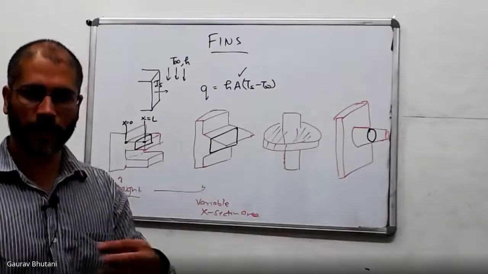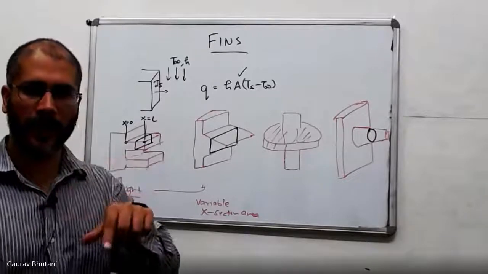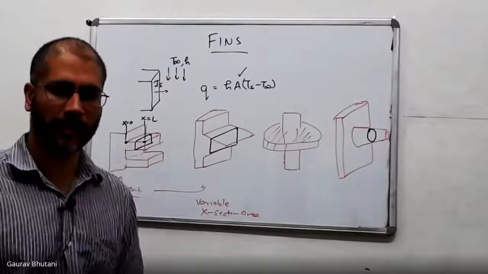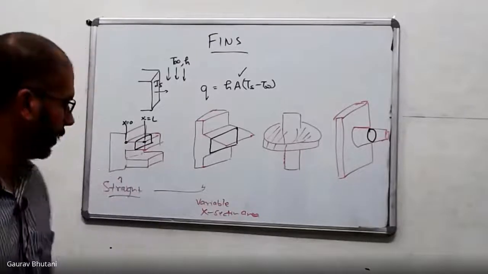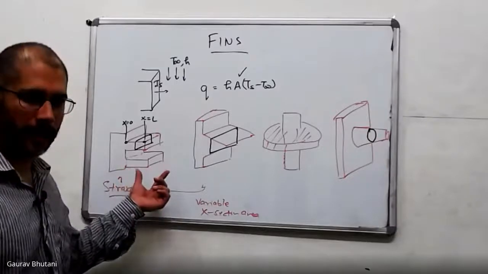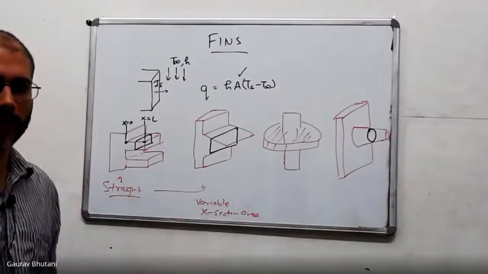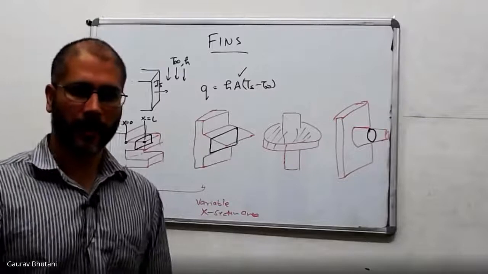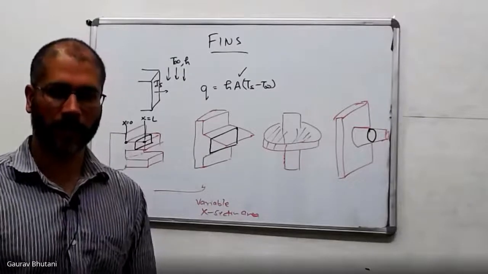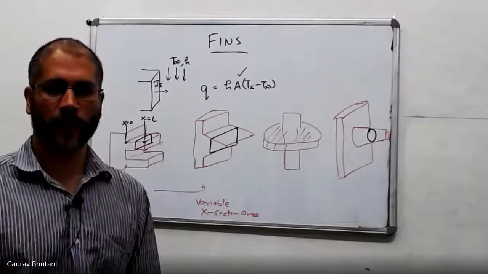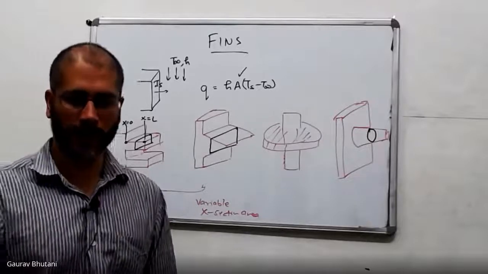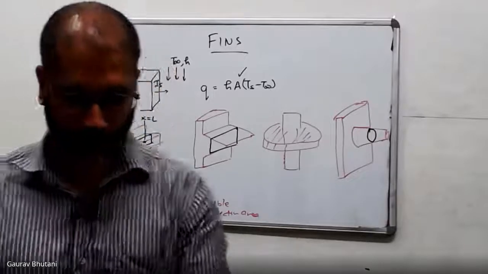The convection resistance is 1 by hA, so as A increases, the convection resistance decreases, which is good. At the same time, you add some conduction resistance. An ideal fin has no conductive resistance, so an infinite k is a perfect fin. So try to use a fin material with high thermal conductivity.